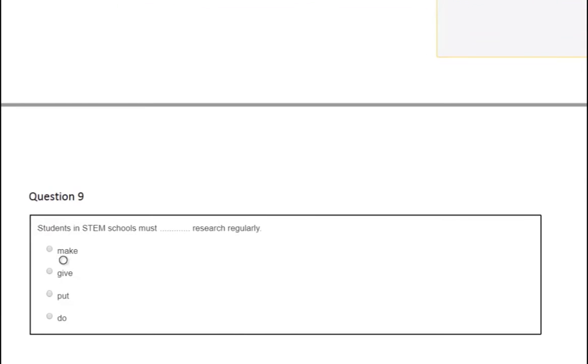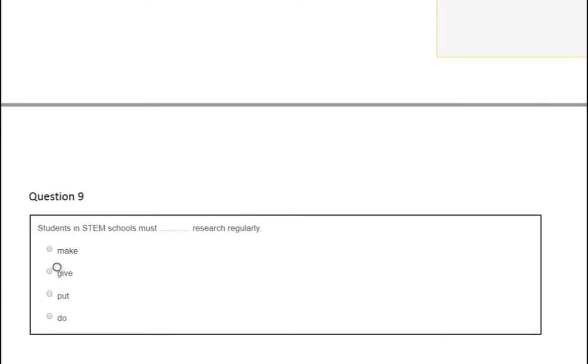Question 9: students in STEM schools must blank research regularly. STEM here means science, technology, engineering, and math schools. With research, we use the verb do, not put or give or make.